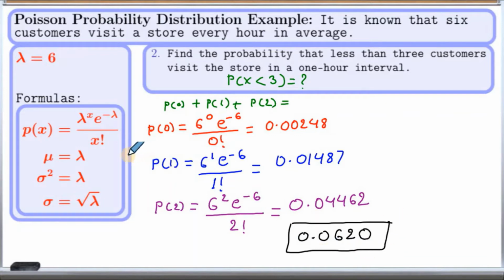Now, let me show you how to do this in a calculator. For this one here, probability of 0, probability of 1, and probability of 2, we can also write this as this, or we can also write this as this. Now, let me pull up my calculator on the screen.